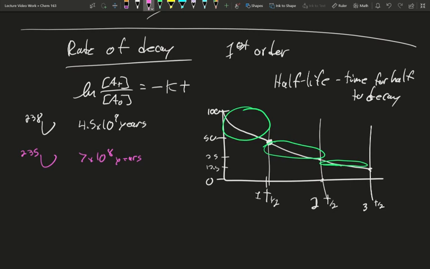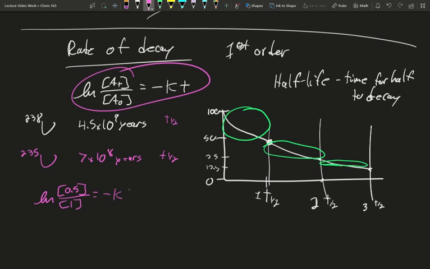We can use this to actually solve for the k value for both of these decays. Because these are the half-lives, the t1/2, we can take our formula and say the natural log of half of whatever amount I have over the initial one must equal negative k times the half-life. For uranium-235, we know the half-life, 7 times 10 to the 8 years.